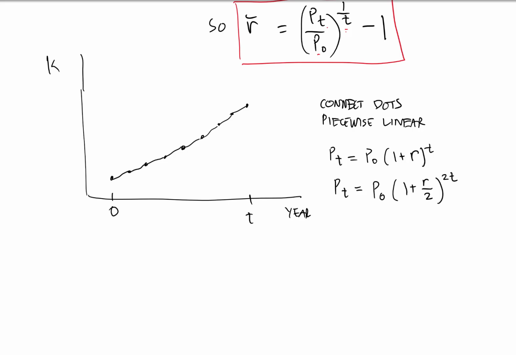So to get from 2000 to 2021, we use 21 terms. If we were doing it in half-year periods, we would have twice 21. We'd have 42 periods, and the growth rate over each 6-month period would be roughly half.